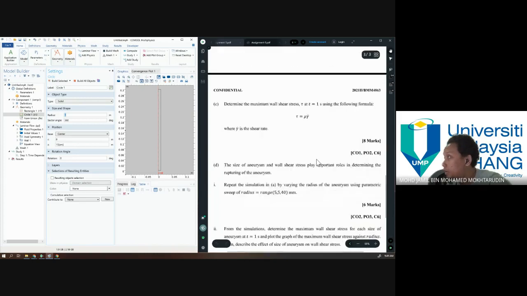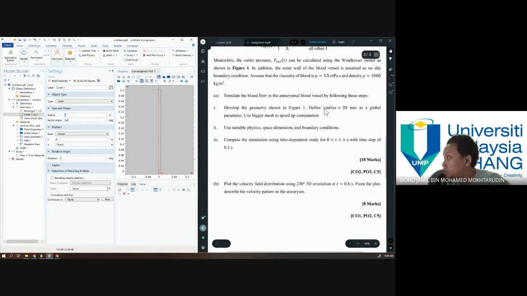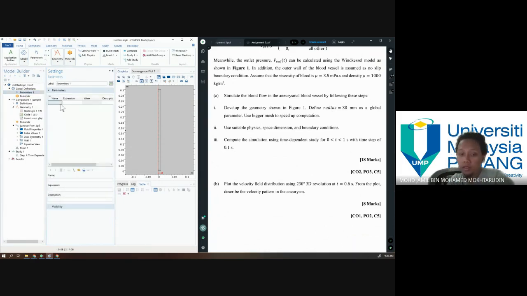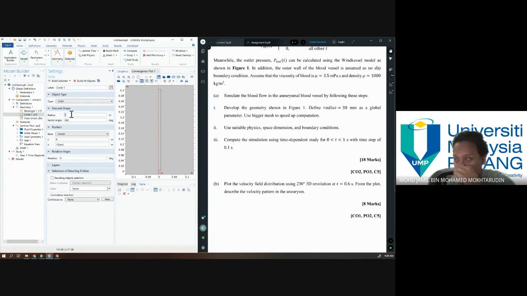But here, the question asks you to define the radius in global parameters. So we go back to parameters. So define radius. So use 30 mm. So here in the drawing, instead of writing 30 mm, we use radius.